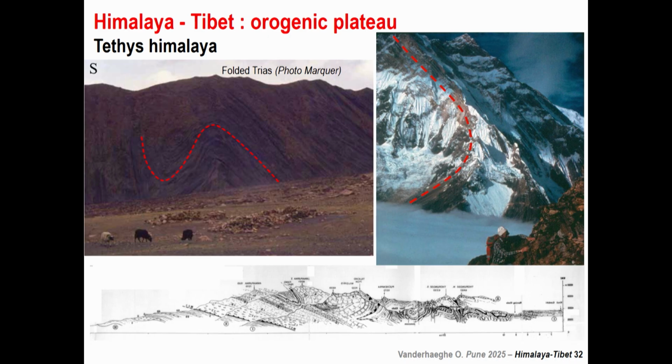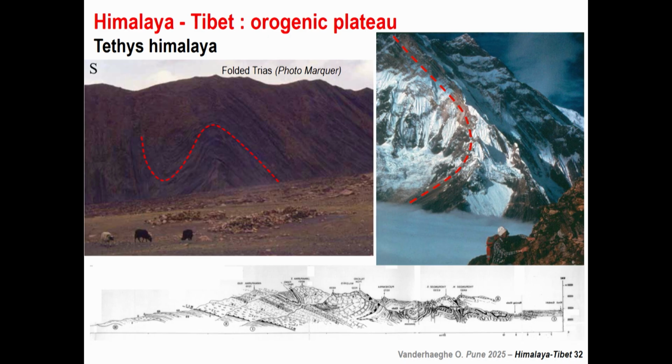That big fold here is this one. And you see, okay, so this can be reconstructed probably in as much detail as in the Alps. There haven't been as many geologists in this area as in the Alps, but the first order structure I think is fairly easy. If you accept the climbing, it's easy to reconstruct.